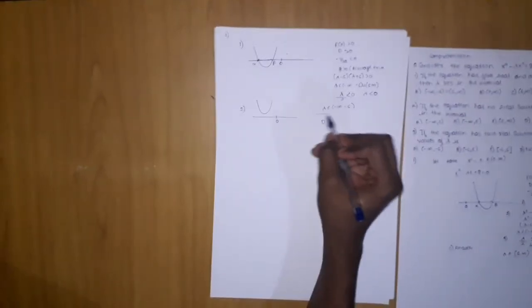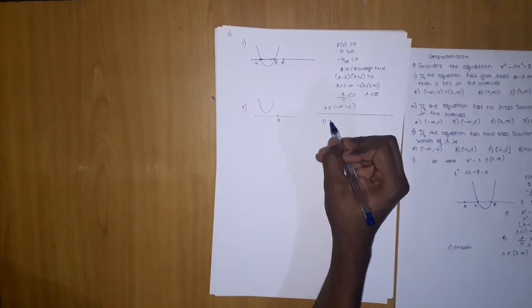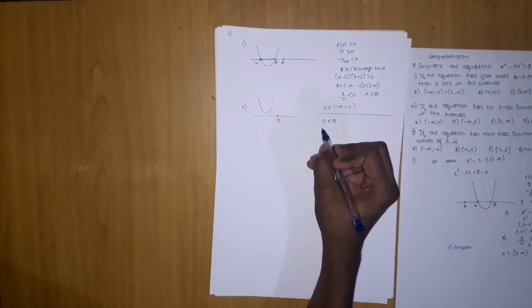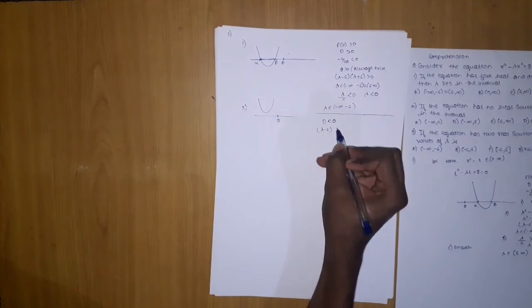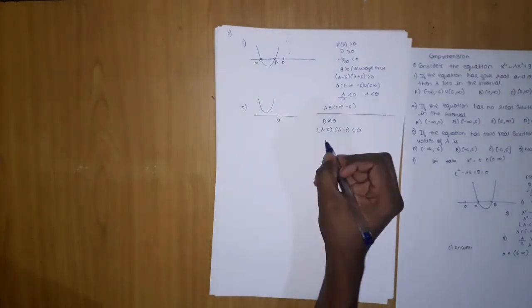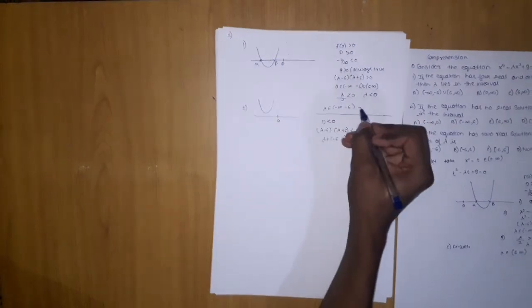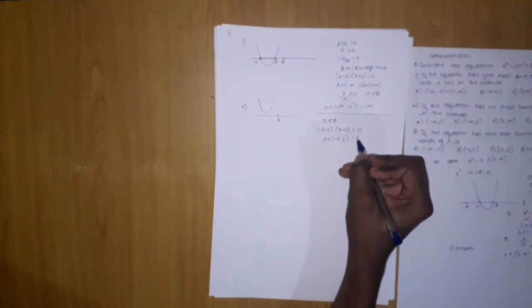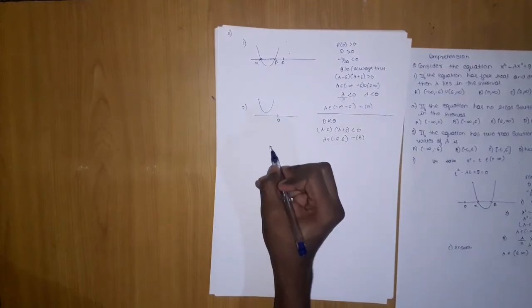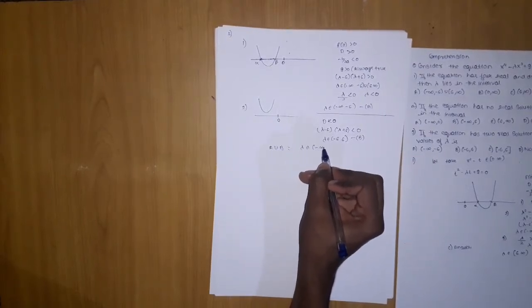The basic condition for this, the second case as the first was done, will be D less than 0, which gives lambda minus 6 into lambda plus 6 less than 0, so lambda belongs to minus 6 to 6. Let's take the union of a and b. So a union b gives lambda belongs to minus infinity to 6.